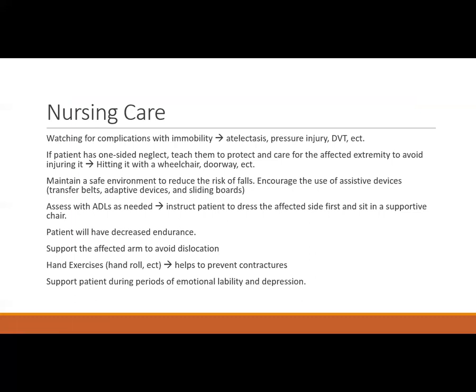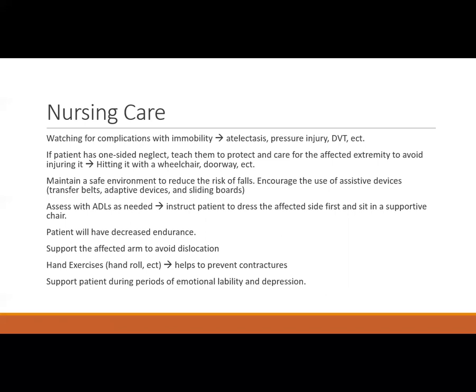Some of the other nursing care are things like watching for complications with immobility, so things like atelectasis, pressure injuries, DVTs, everything of that nature. If the patient has one-sided neglect, teach them to protect and care for the affected extremity to avoid injury. They might hit it with a wheelchair or doorway.